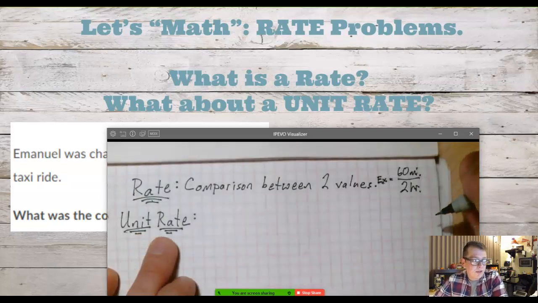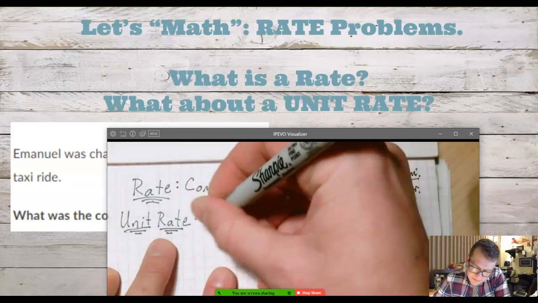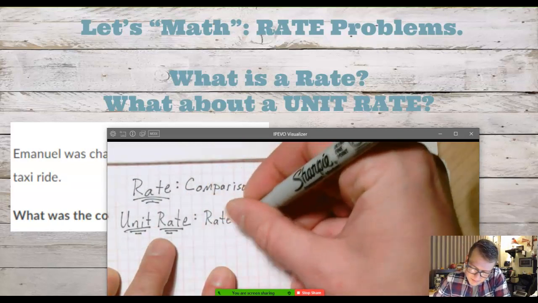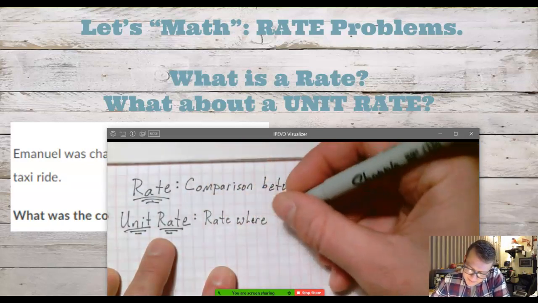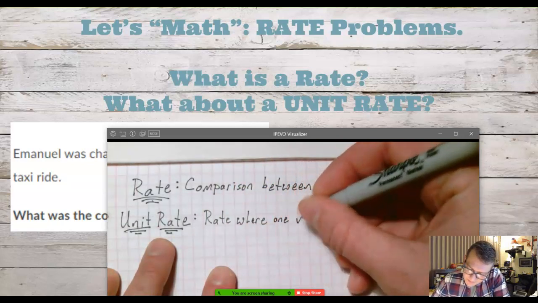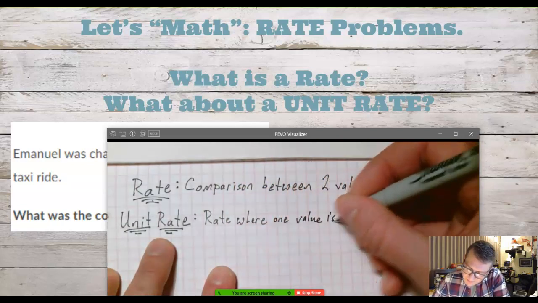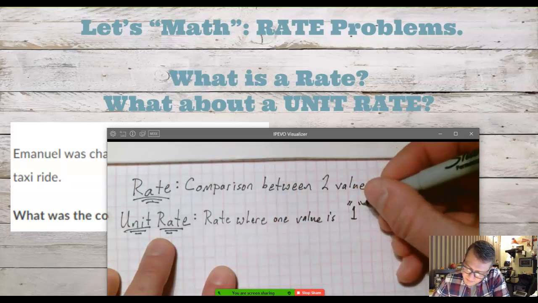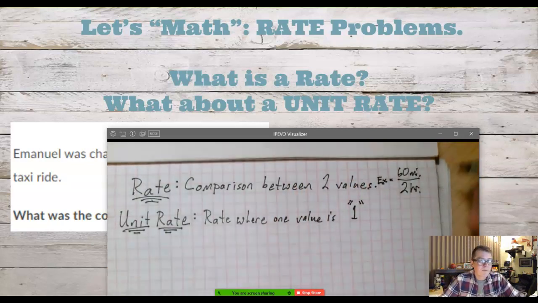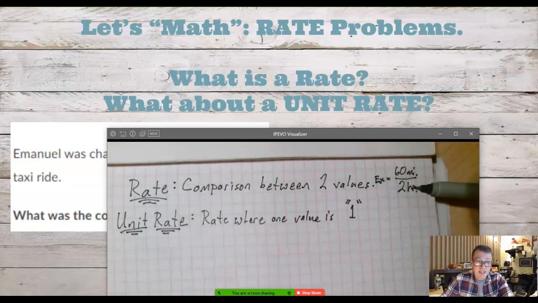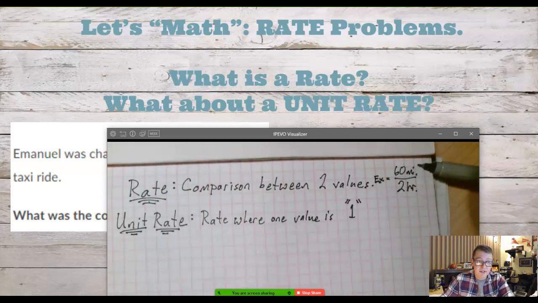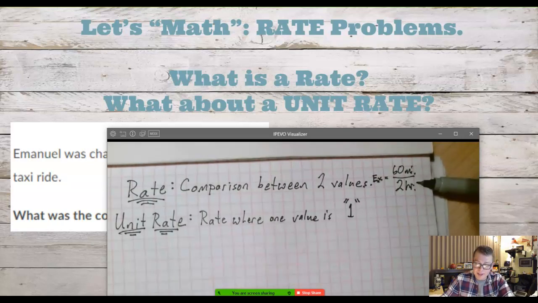But a unit rate is where one of the values is 1. Because this is not speed. 60 miles in 2 hours, that's not speed. That's a rate, but it's not speed.